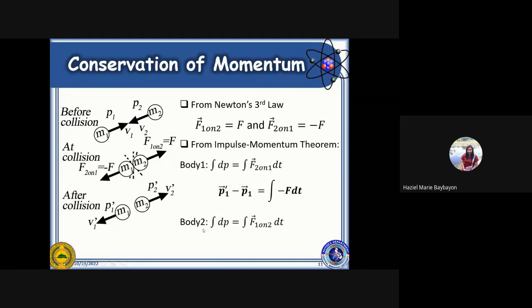And then for body 2, you have p2 prime minus p2, the final momentum minus the initial momentum for body 2, equal to the integral of F dt. Again, for body 1, the final momentum minus the initial momentum is equal to the integral of negative F dt, while for body 2 it is equal to the integral of F dt.